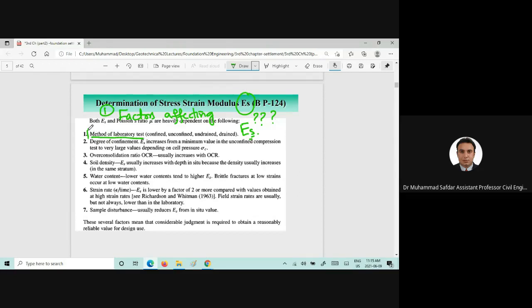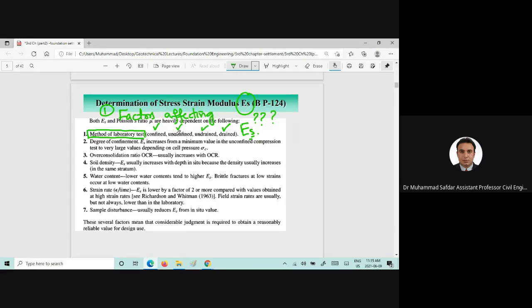Now, if we are performing a test in our lab, there are various options available, for example, the confined test, unconfined test, undrained test, and drained test. As an example of the confined test, we can take the odometer test, in which we will get the constrained modulus.